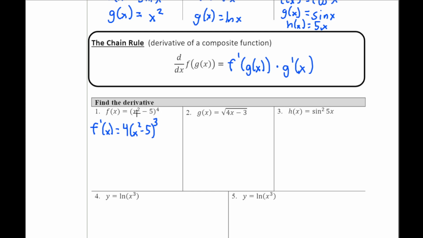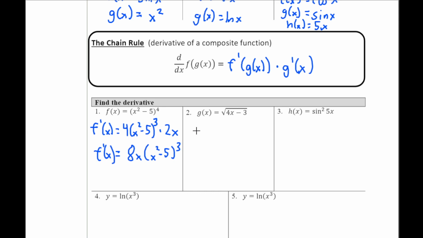And then you multiply by the derivative of the inside here. Derivative of x squared minus 5 is just 2x. And then you can simplify it as 4 times 2x is 8x multiplied by x squared minus 5 cubed. That's your answer for the first one.